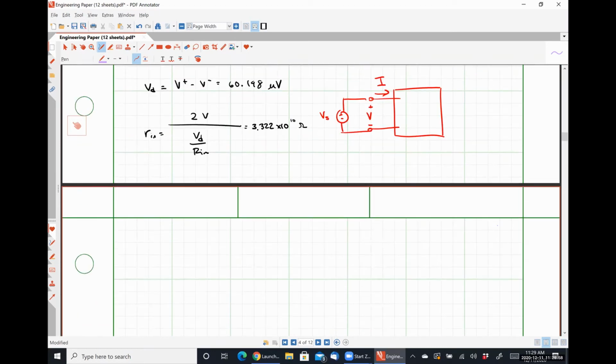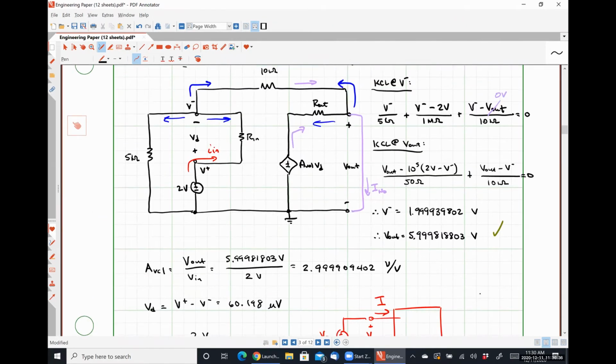All right, so in this case, just to be clear here, we're solving for V minus. I'll call it V minus Norton, because I was going to do prime, but that would be confusing, and it is 6.644 millivolts. I Norton, just to be clear here, is AVOL times VD divided by R out.